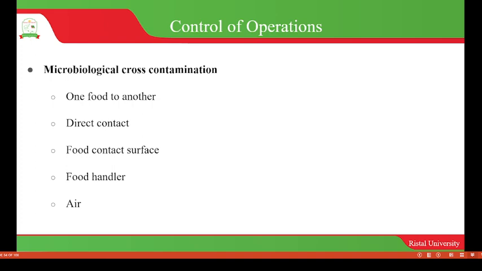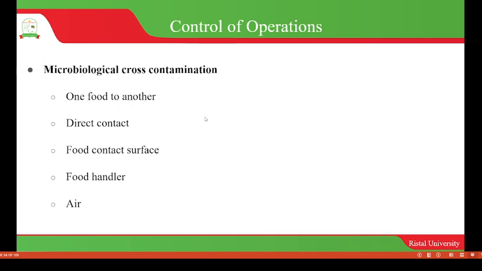Cross contamination can also occur when the food contact surfaces contain the pathogen, and it can also occur from food handlers, or from air. So we have to always make sure that we avoid this microbial cross contamination during food processing or in the process of food operations.